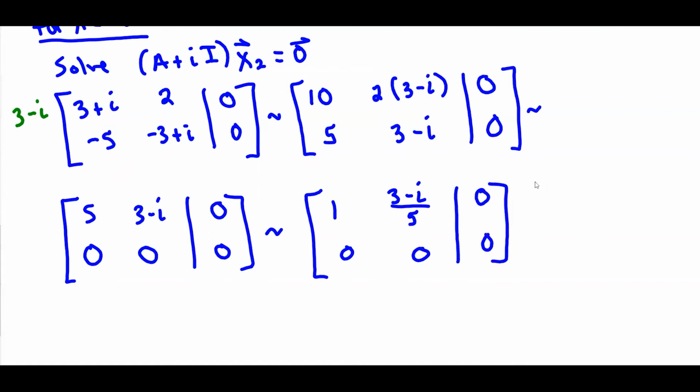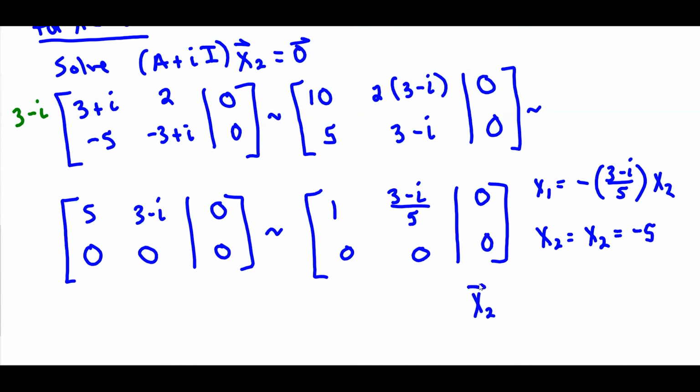So x1 is the negative of (3 minus i) over 5 times x2. And let's let x2 be something that's going to help us out. Let's let it be negative 5. So our second eigenvector, negative 5 in the bottom, we're going to get 3 minus i as the first component.